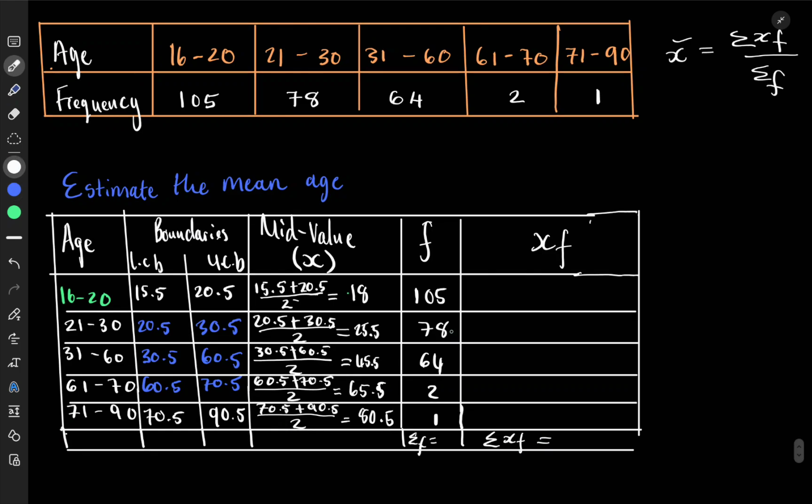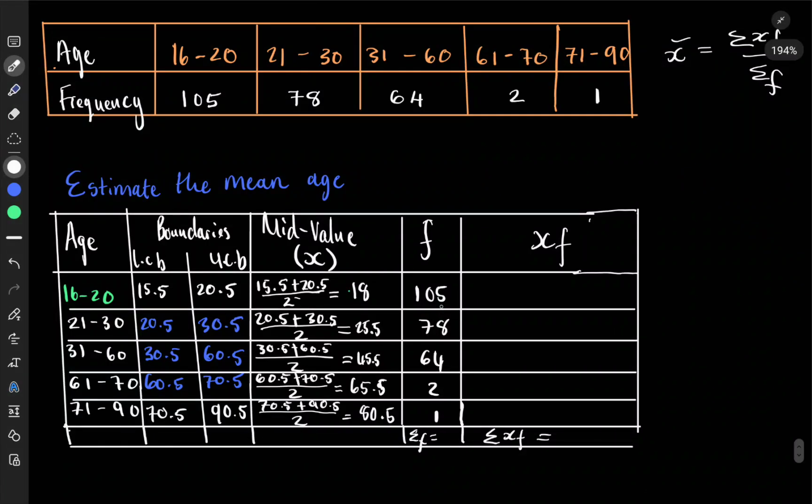So now let's put it. So I can sum up all the frequencies. Let's calculate together. I would say 105 plus 78 plus 64 plus 2 plus 1, right? You'd get 250. So in here, my sum is 250. And then now x times f. Let's go for it. We would say 18 times 105 would get 1890.